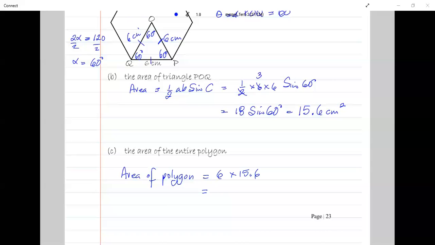And this would be equal to 93.6 centimeters square. All right, so get ready for Pythagoras theorem and the trig ratio.